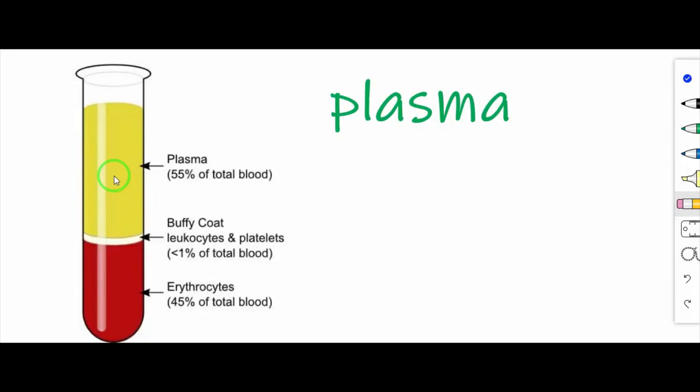So it is alkaline in nature, and it constitutes 55% of total blood.